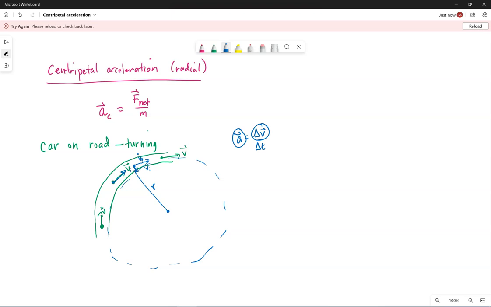So if we want to think about the net force, we have this centripetal acceleration the car is experiencing, and that centripetal acceleration points inwards towards this center throughout the whole curvature.